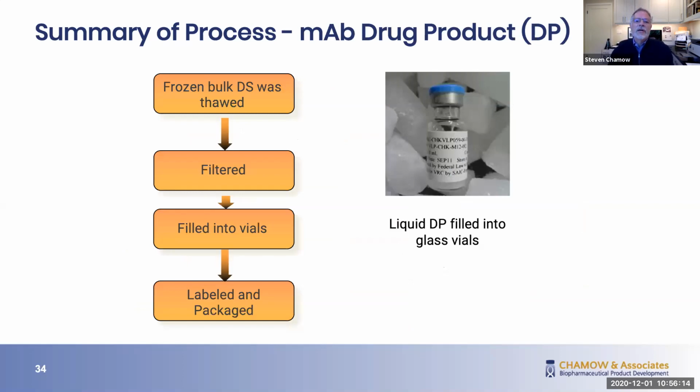The drug product process is shown here. The frozen bulk was thawed, filtered, then filled into vials, labeled and packaged, and the result of that is shown in this slide.